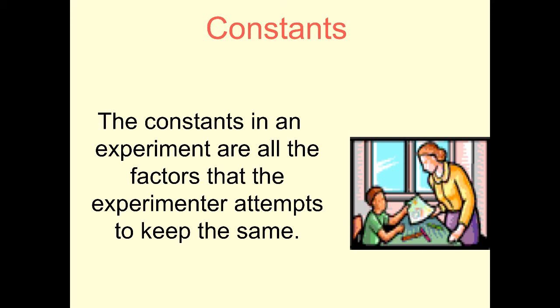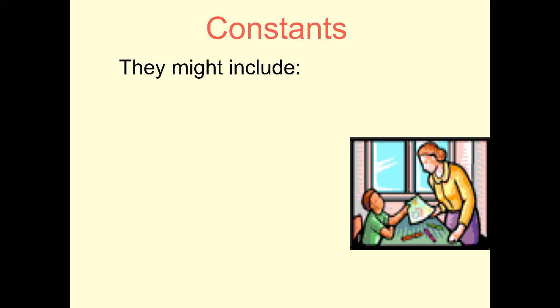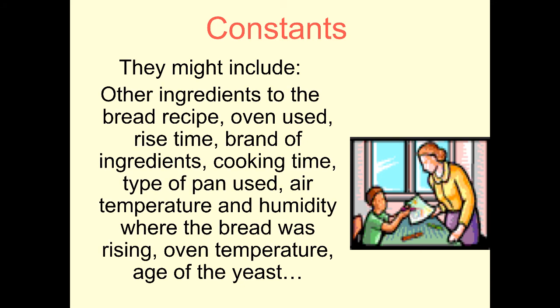And we talked about these before, things like the amount of yeast, the temperature of the baking, the type and amount of flour, etc. Other ingredients in the recipe, the oven, the rising time, the brand of ingredients, cooking time, type of pan used, air temperature and humidity, where the bread was rising, oven temperature, age of the yeast. They thought of a lot more parts than I did when I was thinking about this.